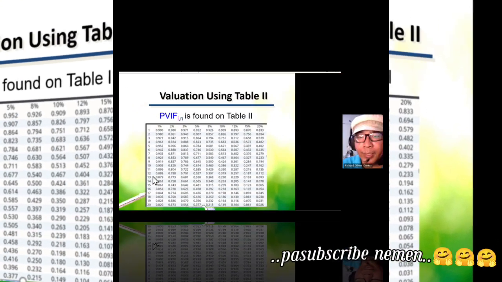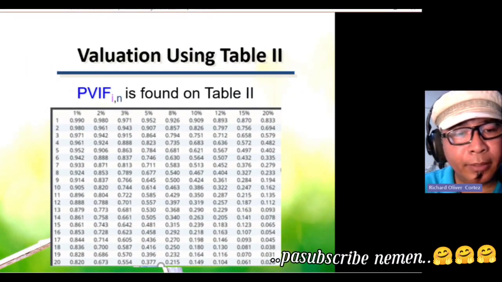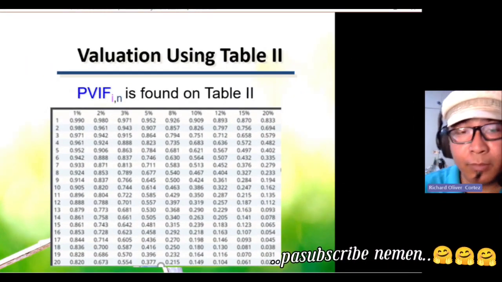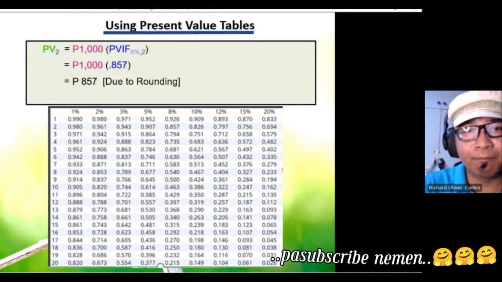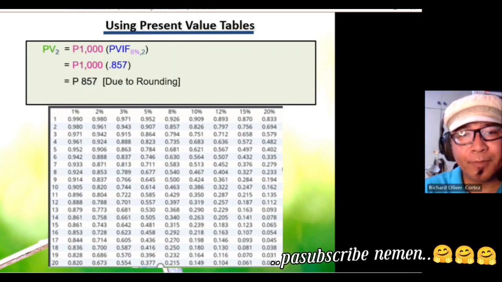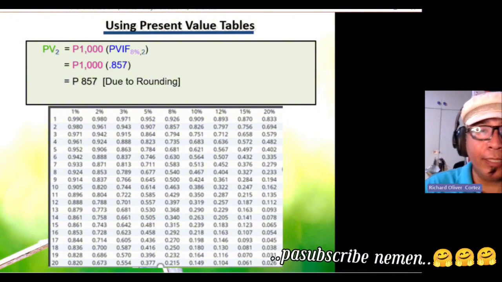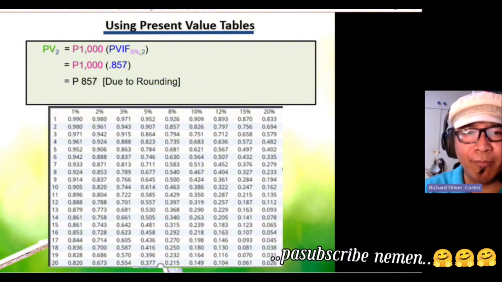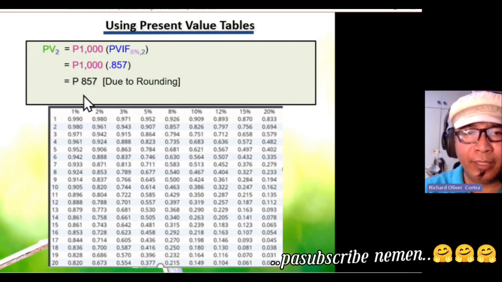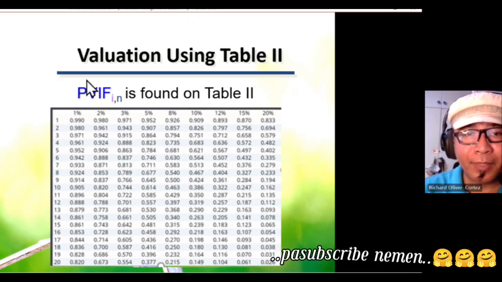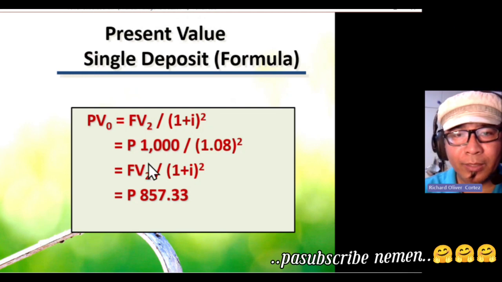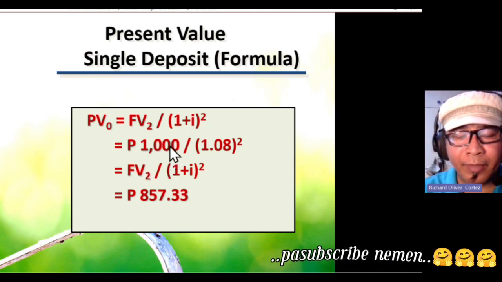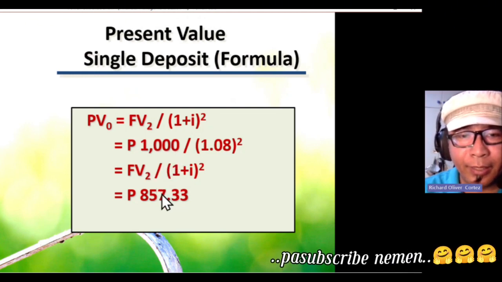Okay. So, you can appreciate itong ating table number 2 if we're going to have a sample. Ito. Sample natin kanina, di ba? You can recall, kanina nag-compute tayo ng 1,000 tapos doing manually. Ang sagot natin, 857. Balikan natin ito. Using manual computation, 1,000 present value niya ay 857.33.